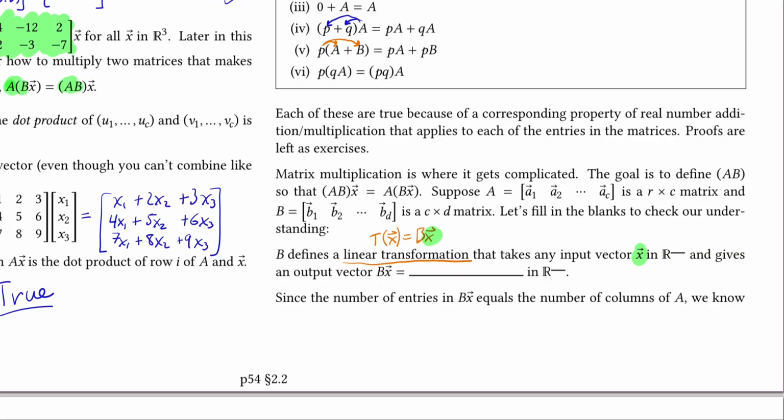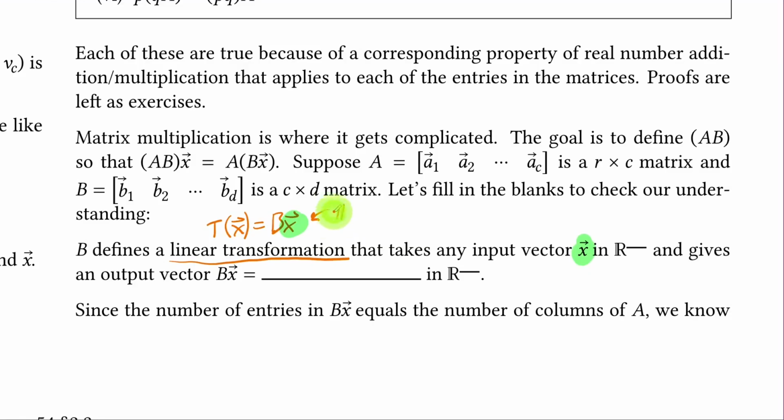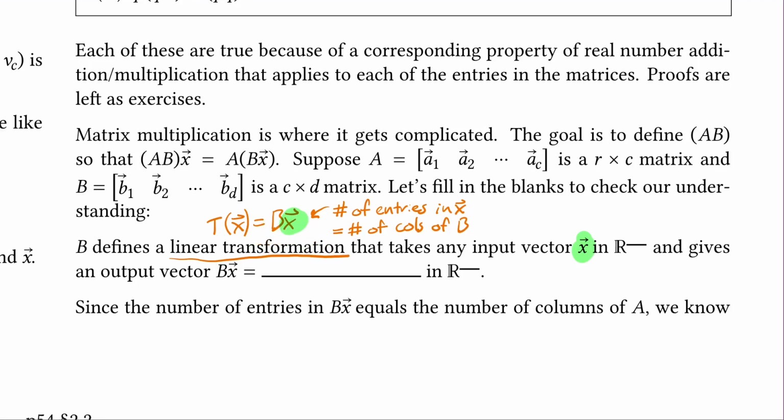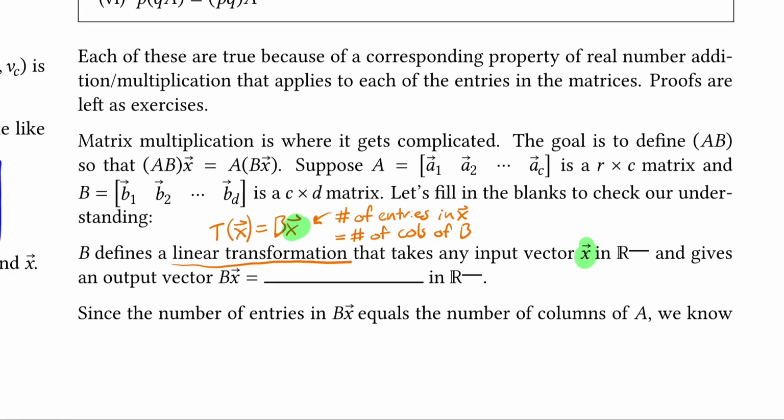Well, the number of entries of x must equal the number of columns of B. Because what B times x means is taking a linear combination of the columns of B using the entries in x as weights. So x is in RD for that reason.